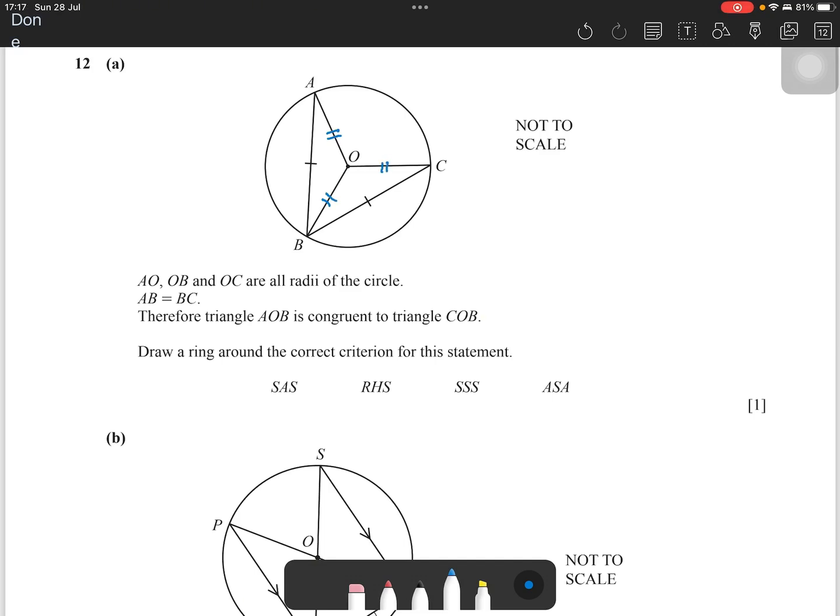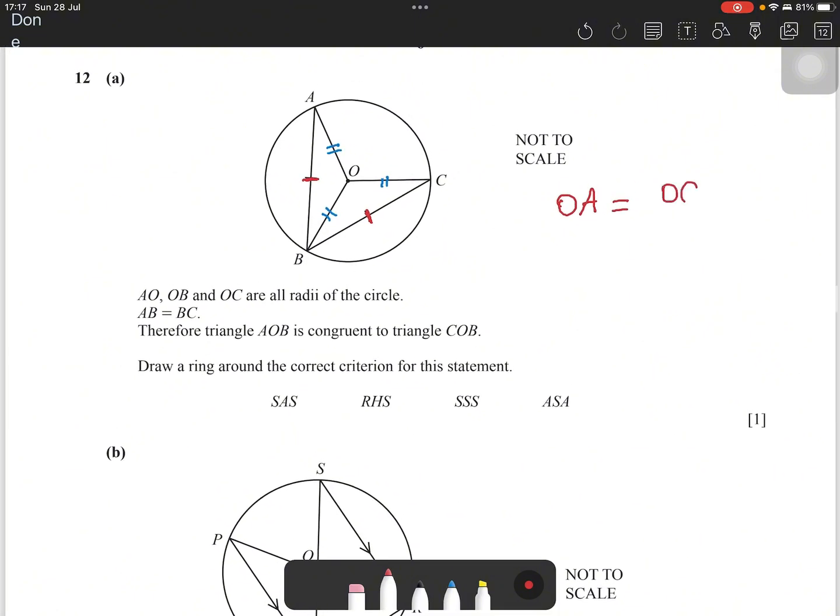So they have two pairs of equal sides. And then the side AB is also equal to the side BC. Which means they have three pairs of equal sides, which are OA is equal to OC, and OB is the common side.